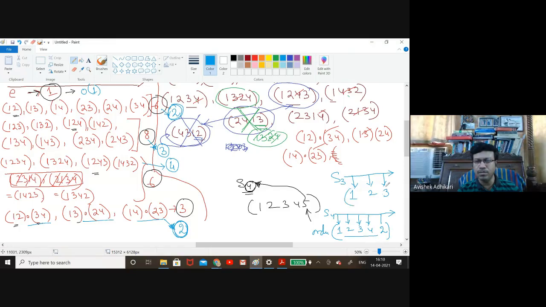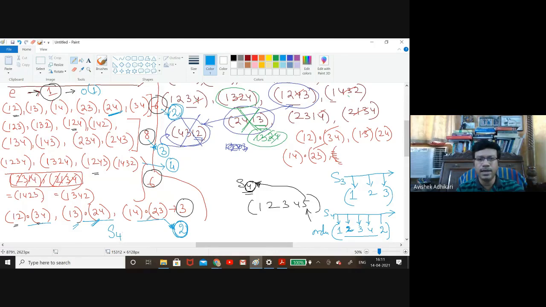Here I have two different types of order 2: one is just a single cycle of length 2, and the other one is two disjoint cycles of each of order 2. That's why the cycle is of this form. Clear? So you can check that if you consider all these 24 elements from S4, you will certainly be able to construct a group of order 24, and this group is nothing but S4.